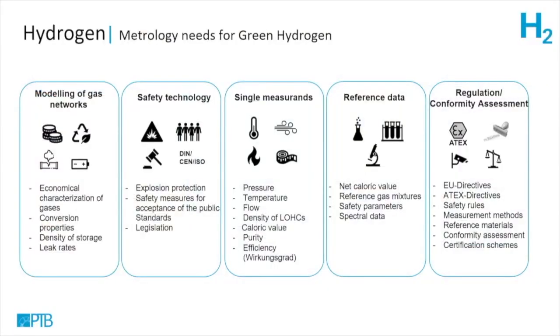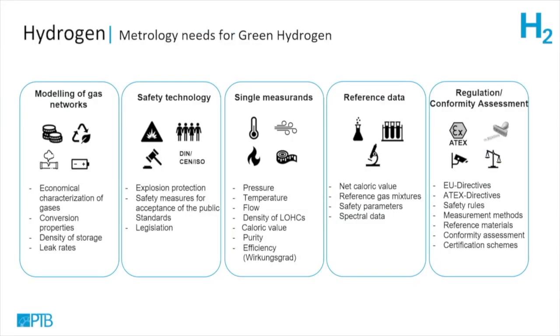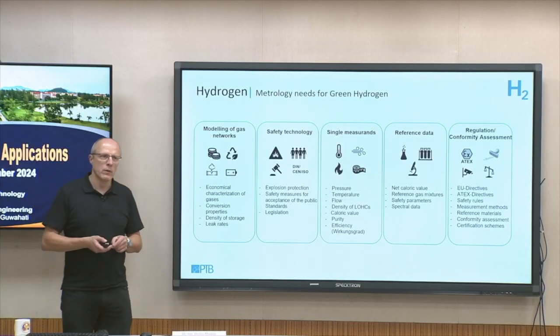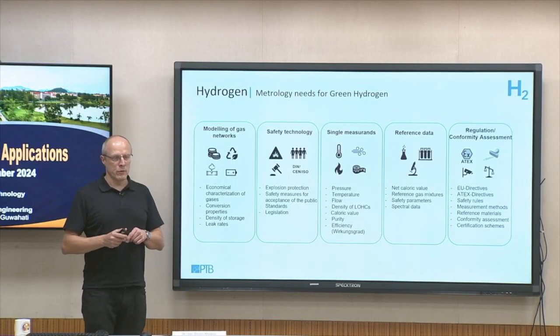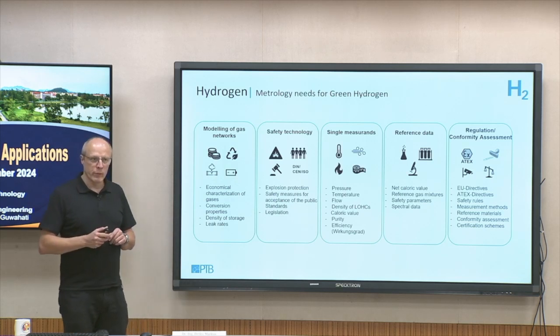And you need a lot of metrology for green hydrogen. So first of all, the gas grid. When we consider the existing gas grid, where we have mainly methane, we want to add up to 20 to 30% of hydrogen to this gas grid.